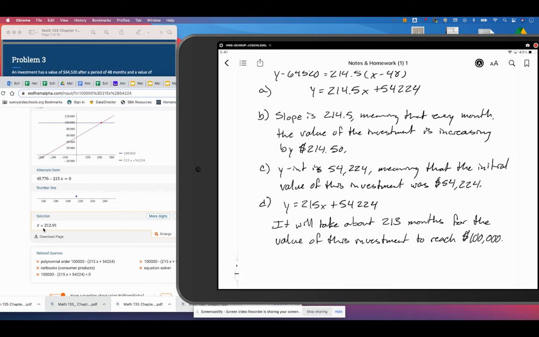So about 213 months for the value of this investment to reach a value of $100,000. At that point, this person would have made nearly $50,000 for doing nothing, although this is going to take a period of almost 20 years for that to happen.